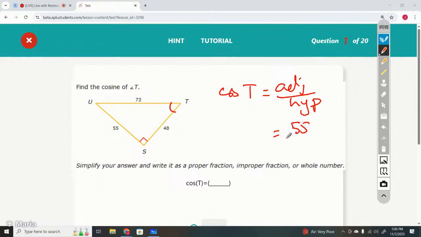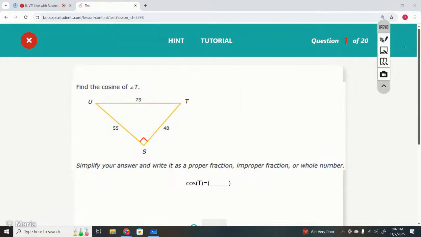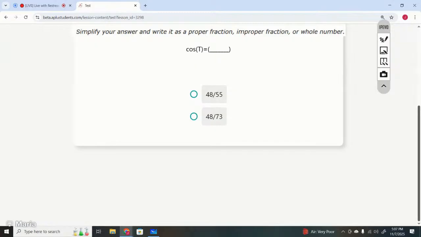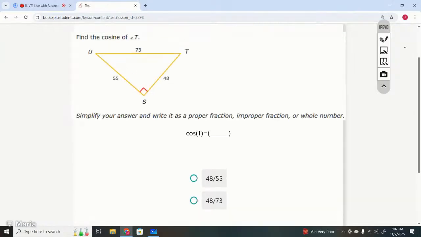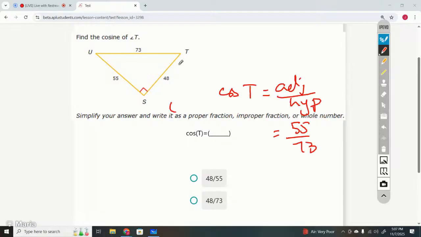Adjacent is 55, hypotenuse is 73. Oh, that is, adjacent is 48.